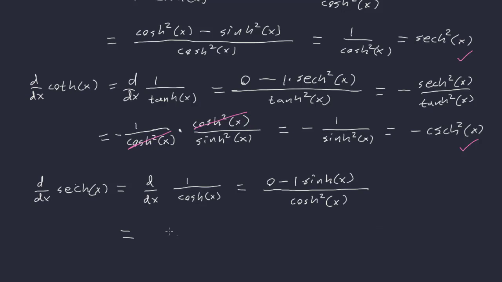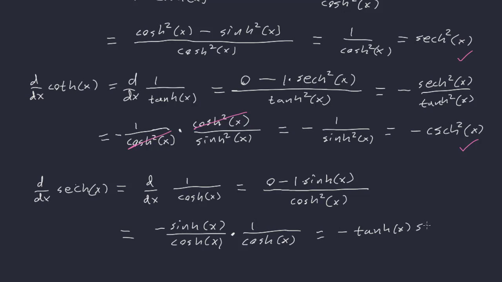Okay, and we split this one up so that it's negative sinh of x over cosh, okay, times 1 over cosh. So this will be negative tanh of x times 1 over cosh.